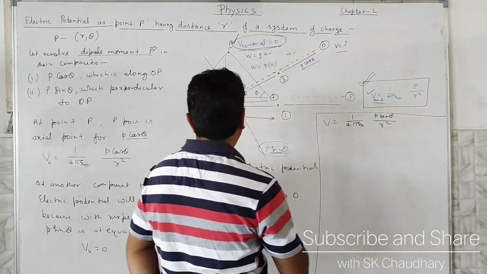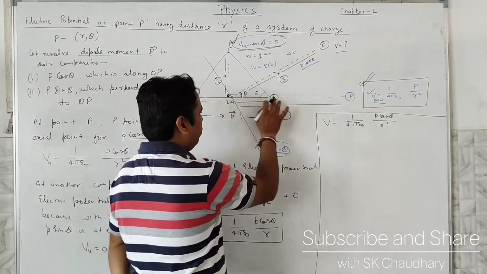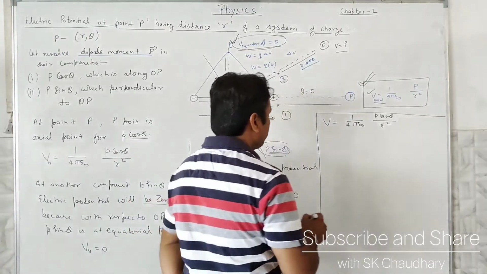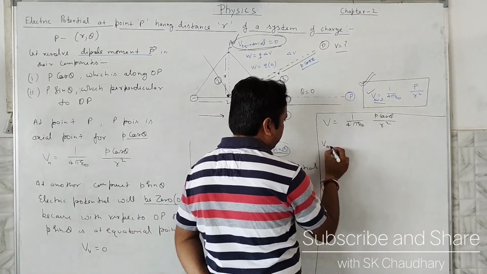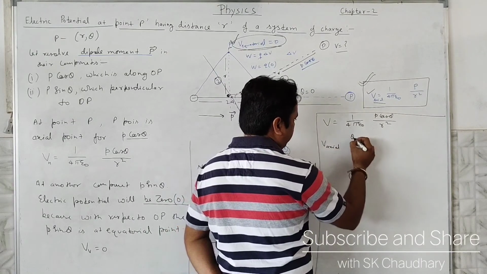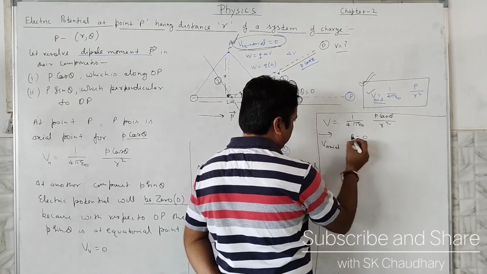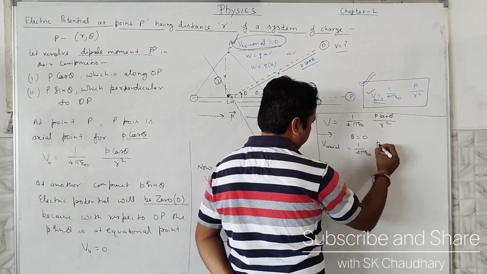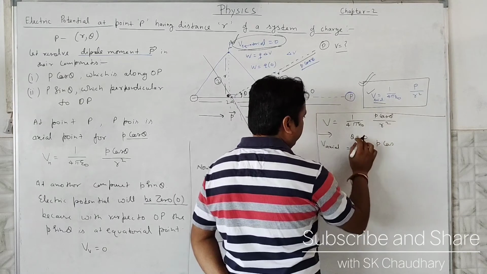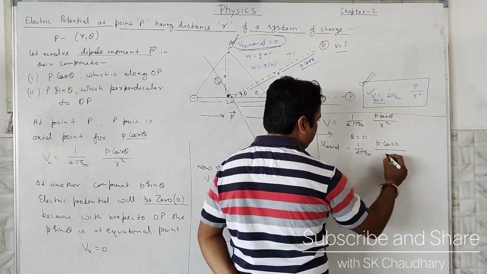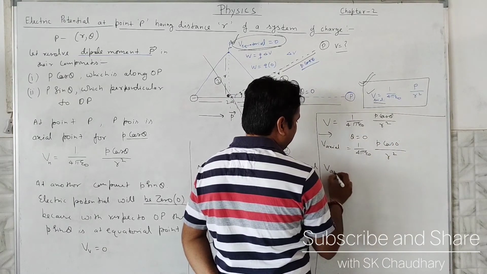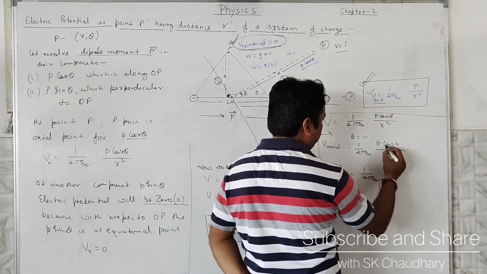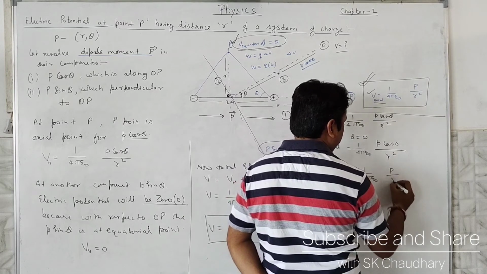If the point P with respect to the dipole making the angle theta is 0, then in the axial case, V axial, theta is 0 here. So 1 upon 4 pi epsilon naught p, we put the value 0 in cos, and r square. So V axial is 1 upon 4 pi epsilon naught, cos 0 is 1, so p upon r square.